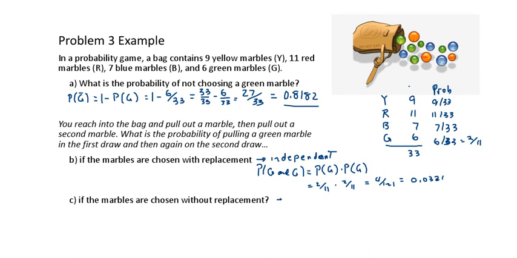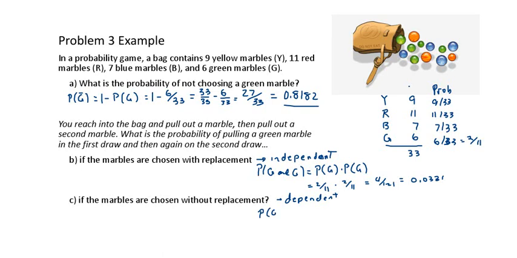How about the next one? Well, now we're choosing without replacement. That means we're going to pull out our green marble, but we're not going to put it back in the bag. We're going to shake up our bag, reach in, and hopefully pull out another green marble. These are dependent events. When events are dependent, the way we calculate the probability of G and G is going to be different.